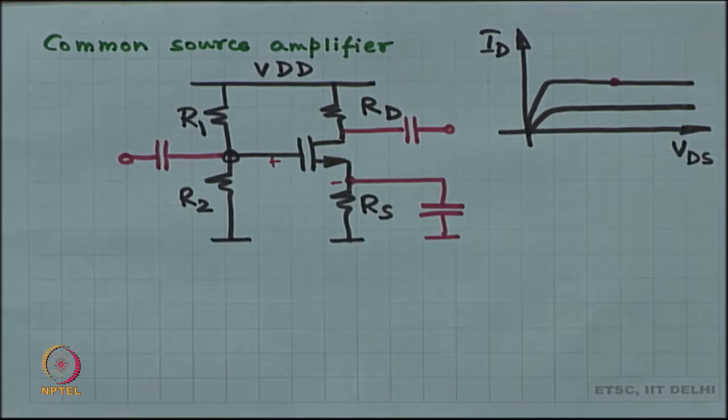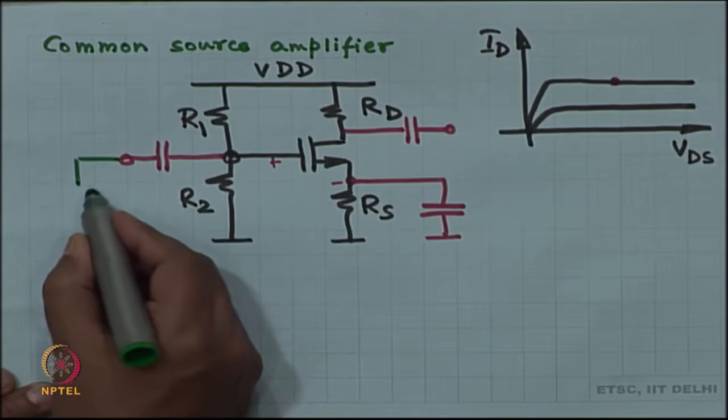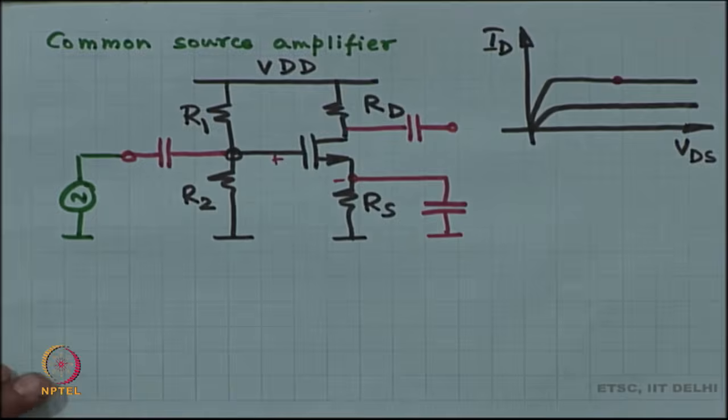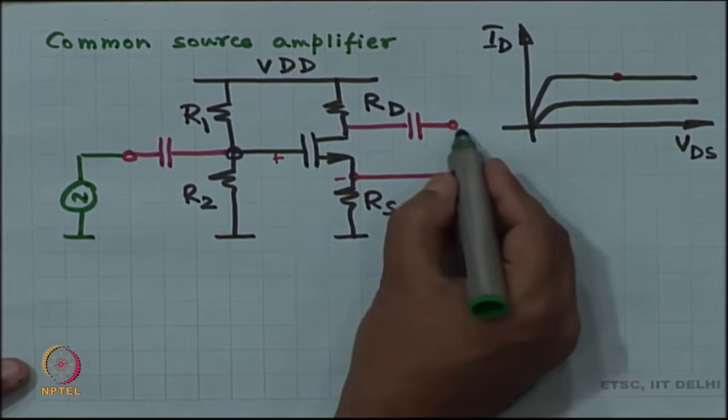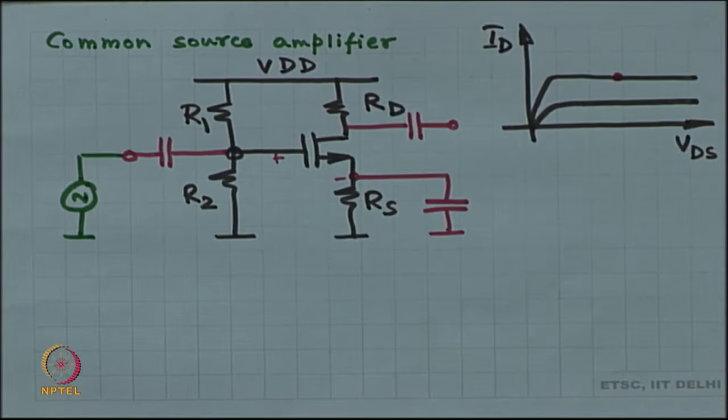All right, and we are going to apply a signal over here, with respect to ground, and then we are going to measure the output over here. Basically, the output from here will go to an oscilloscope or to a loudspeaker or wherever it is.